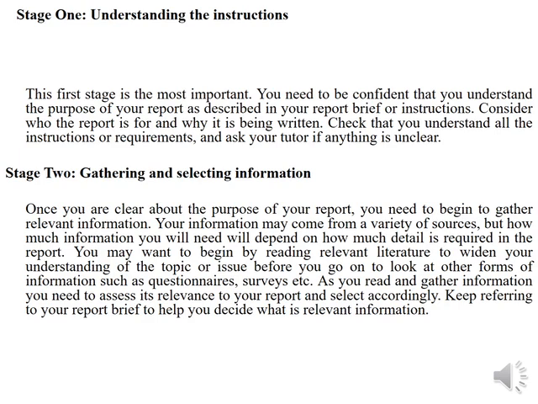As you read and gather information, you need to assess its relevance to your report. How relevant is this information to the report I'm writing? And select accordingly. Keep referring to your report brief to help you decide what is relevant information.